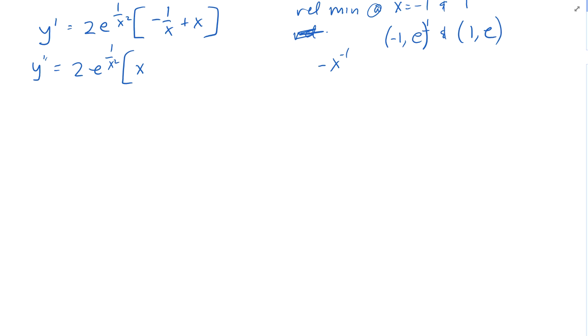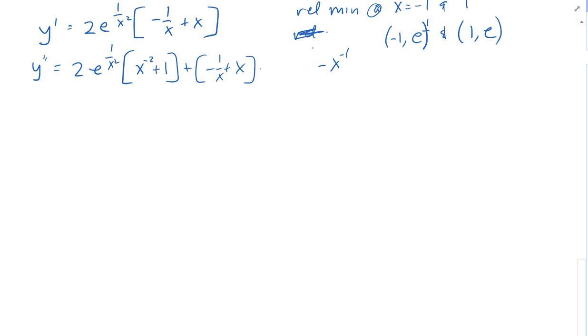So I've got the derivative of the second, which is the derivative of each of these pieces. That's going to be x to the negative second plus 1, times the derivative of the first.